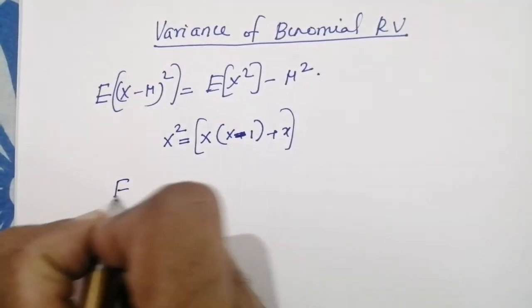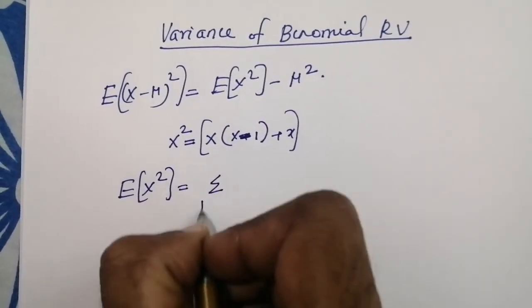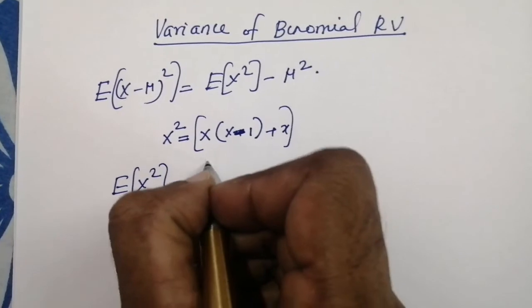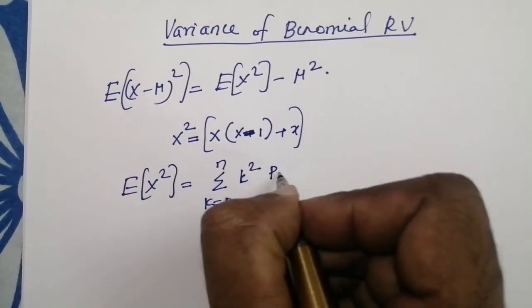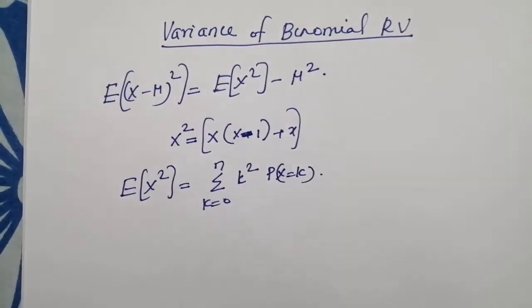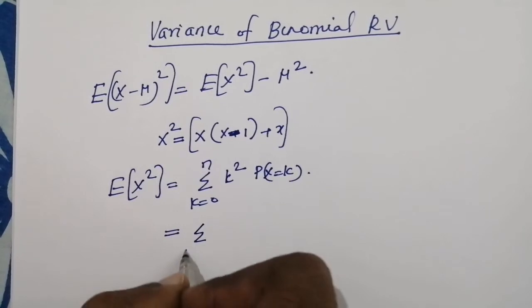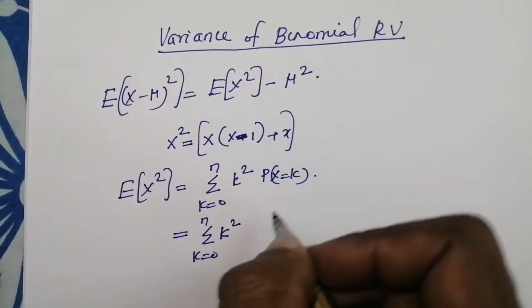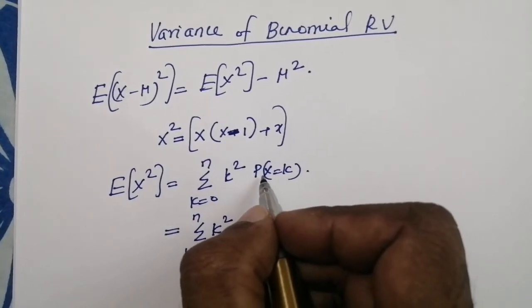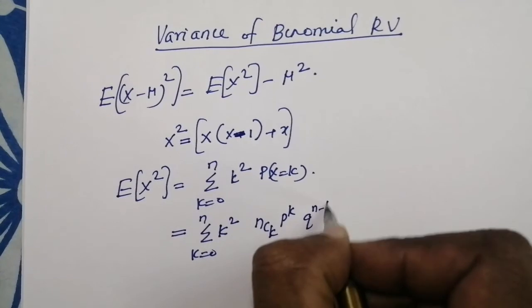So now expectation of x square can be written as sigma k equal to 0 to n, k square into P of x equal to k. Right. So this can be written as sigma k equal to 0 to n, k square into probability that x equal to k, which is nCk p raised to k q raised to n minus k.